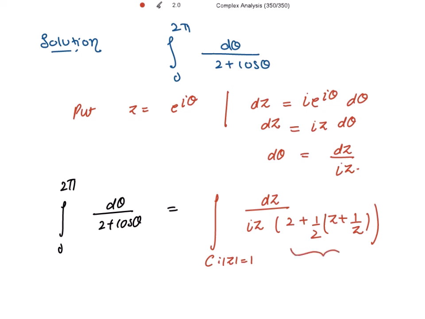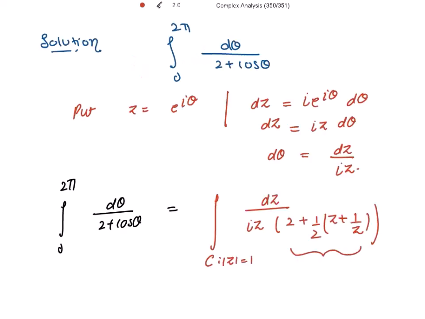We need to solve this denominator. So this is equal to 1 divided by iota z dz divided by 2 plus 1 by 2 into z square plus 1 divided by z.